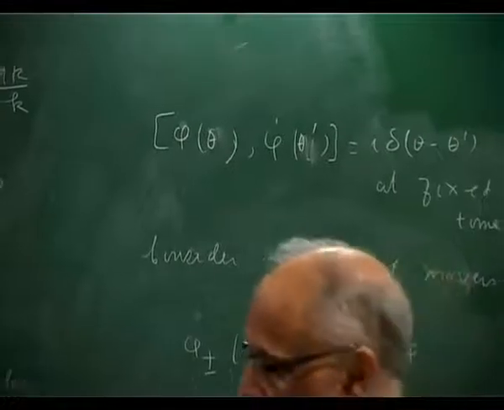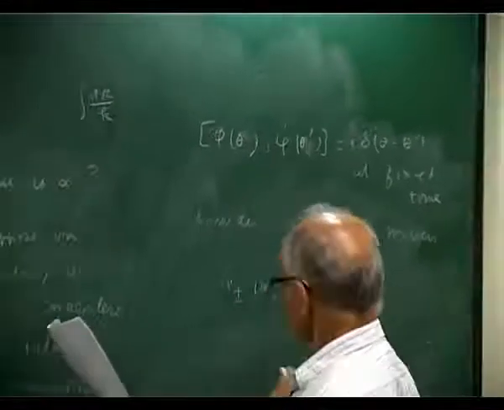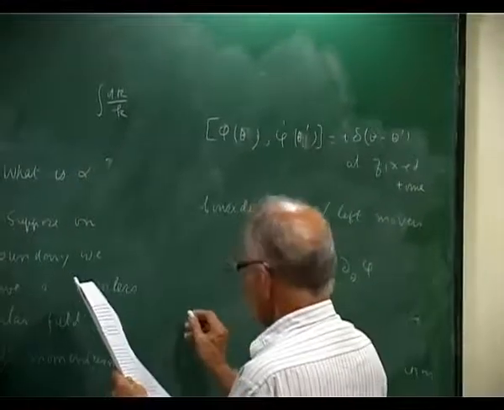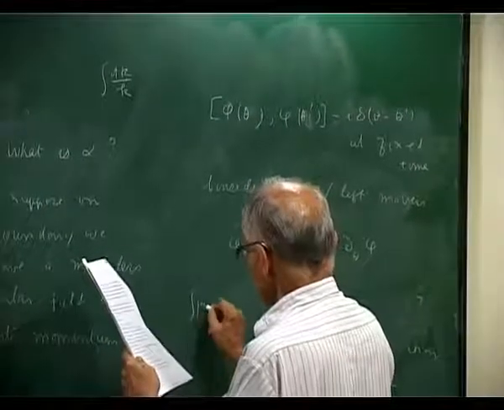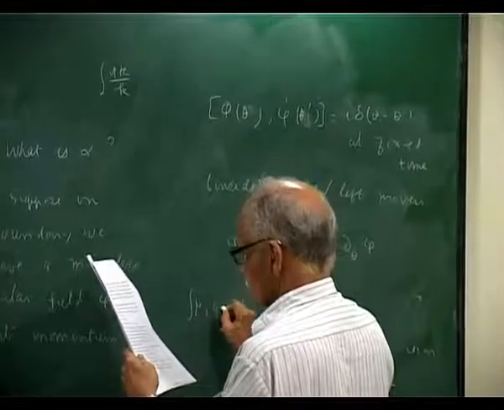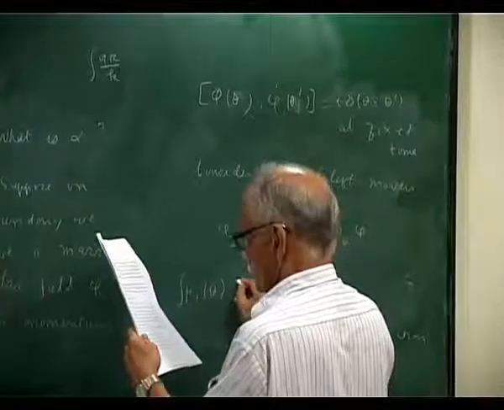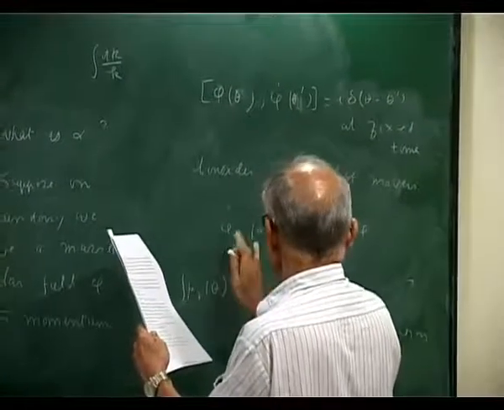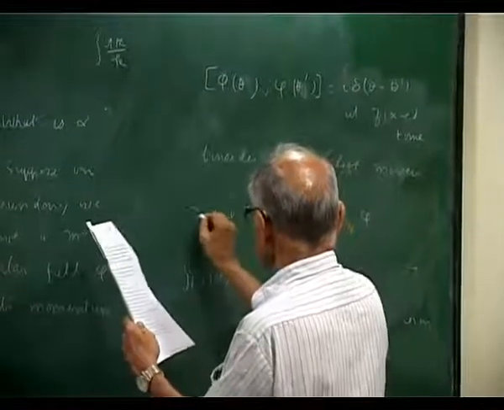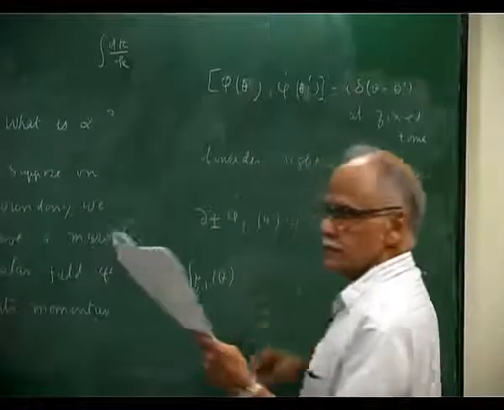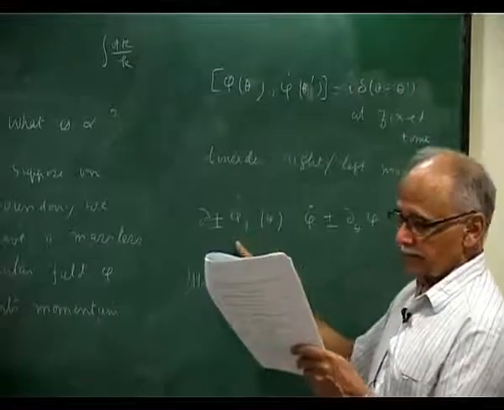Then you check the following equation is trivial. I should not write it like this, it should be d plus minus.